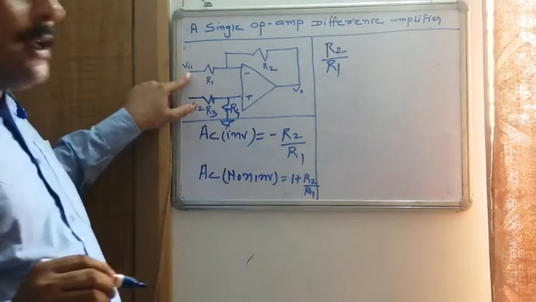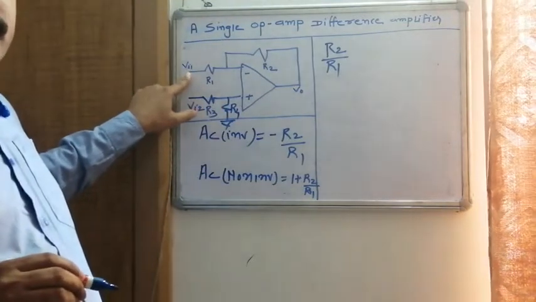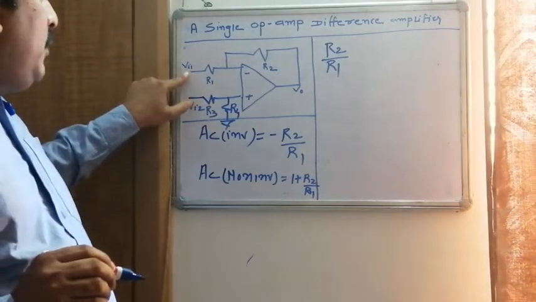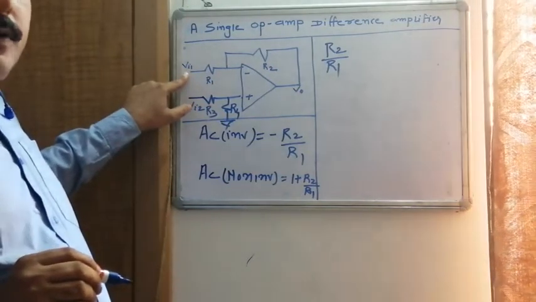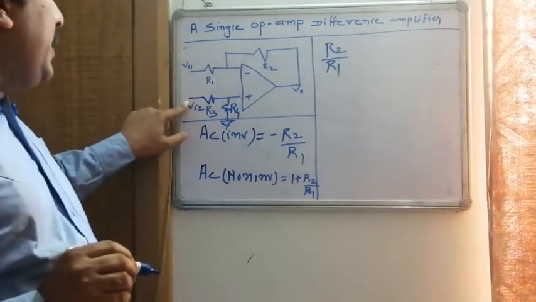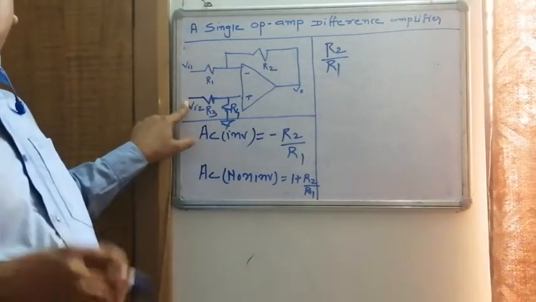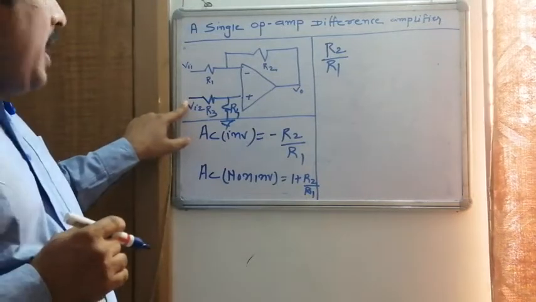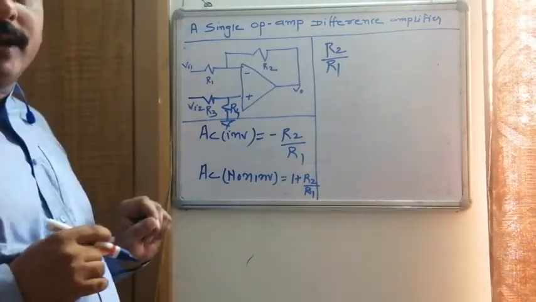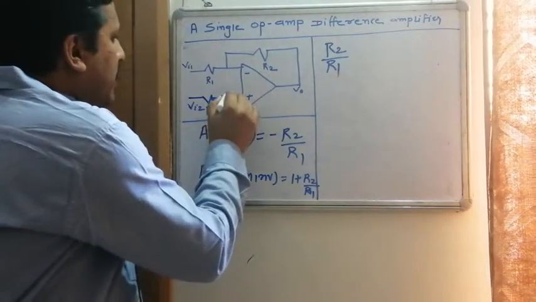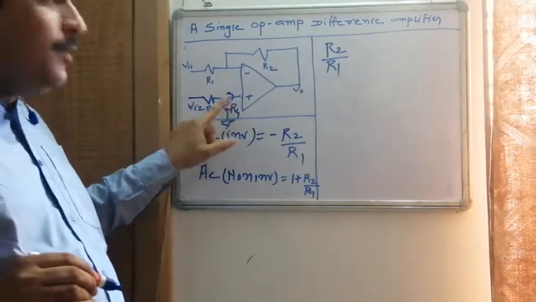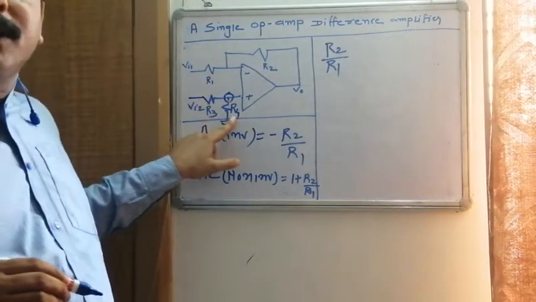Now if I ground the voltage at the inverting terminal and apply voltage at the non-inverting terminal, it will work as a non-inverting amplifier. So what is the gain of the non-inverting configuration in this scenario? For that we have to calculate the voltage at this point. What is the voltage at this point? We only apply the voltage division rule.